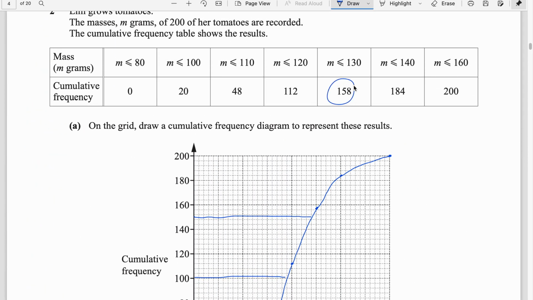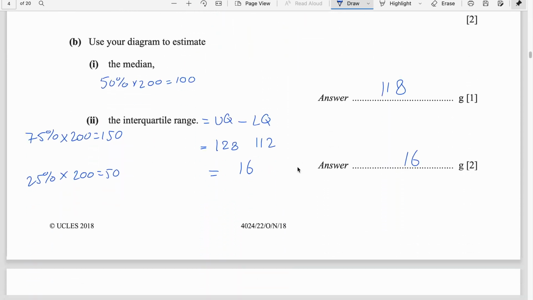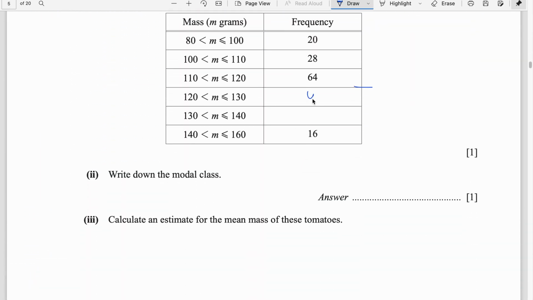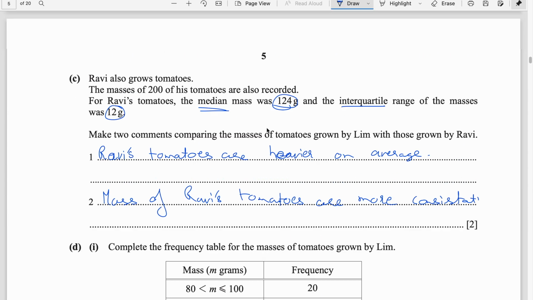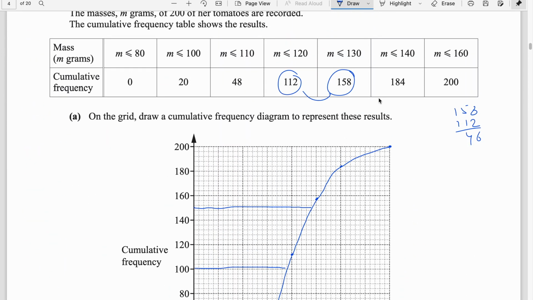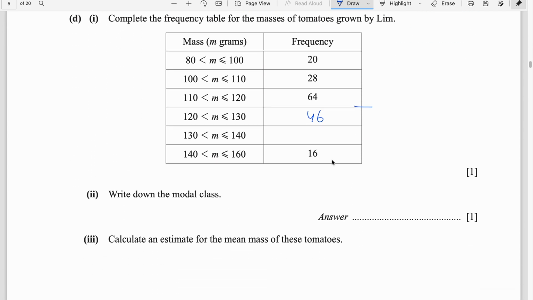At 130 it is 158, at 120 it is 112. So you subtract these two, 158 minus 112, we get 46. Now at 130 and 140, you subtract these two, 184 and 158, we get 26.